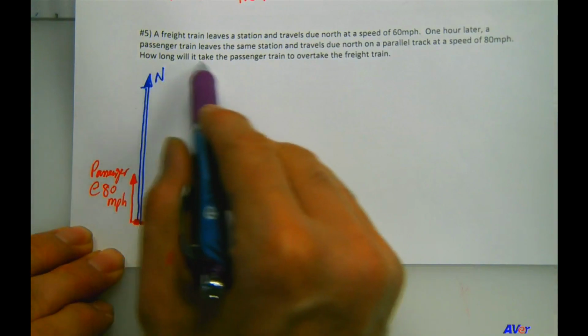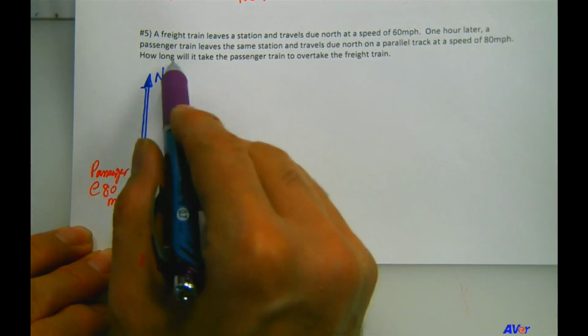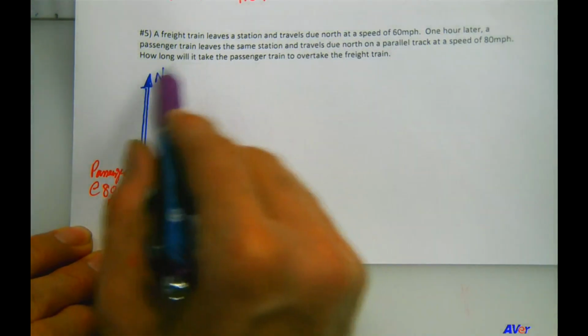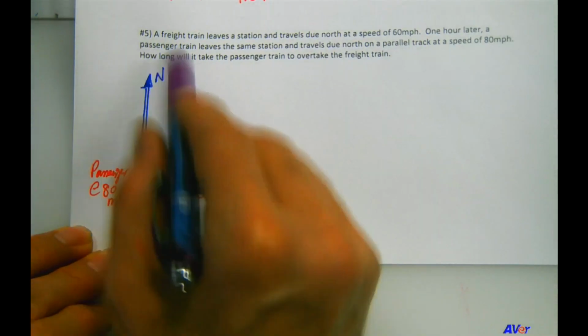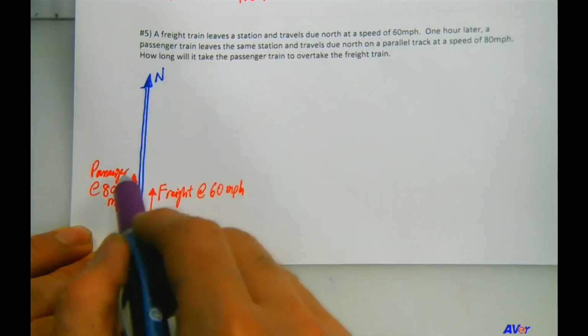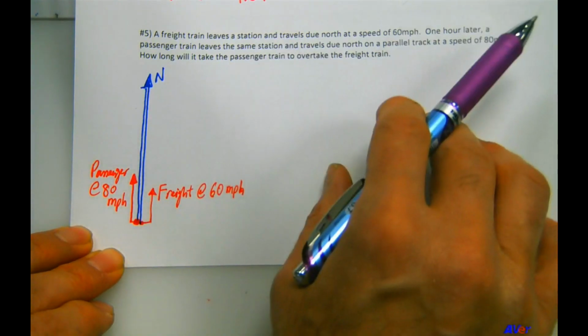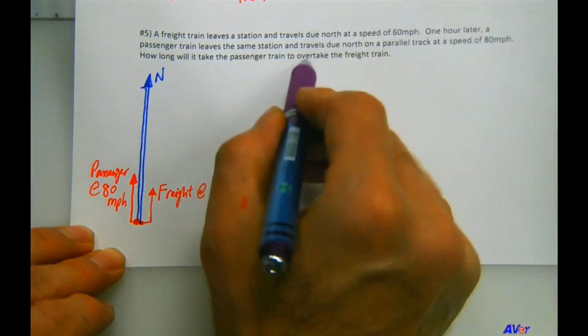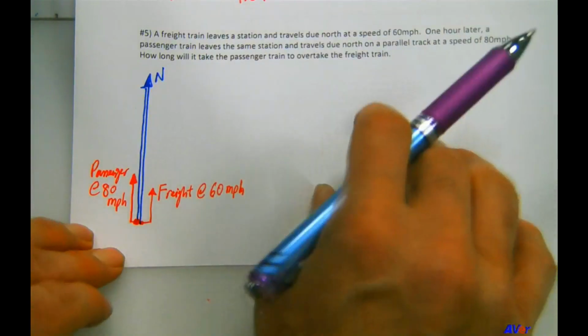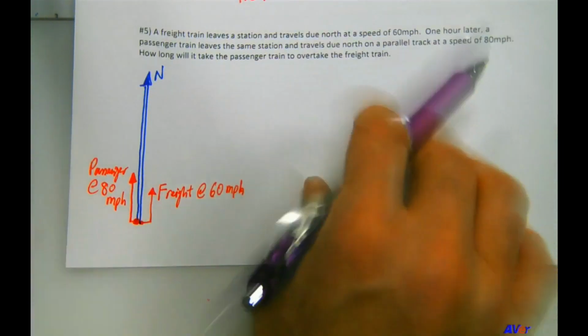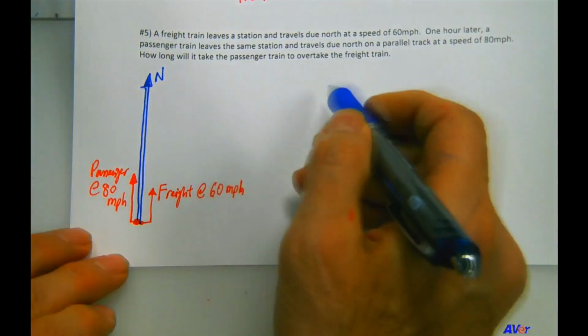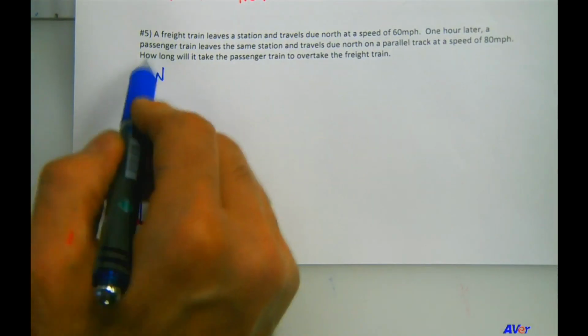How long will it take? They're talking about time. How long will it take the passenger train to overtake the freight train? So, there's a lot going on here. That statement is packed because they begin with how long.